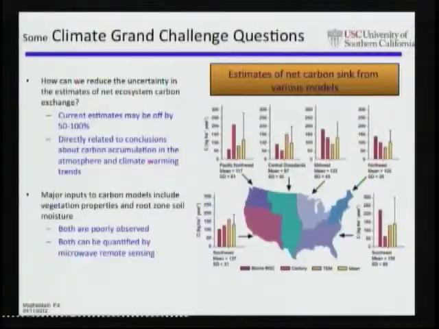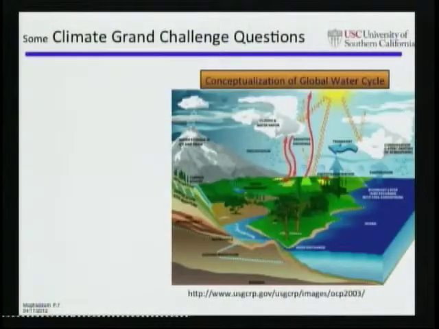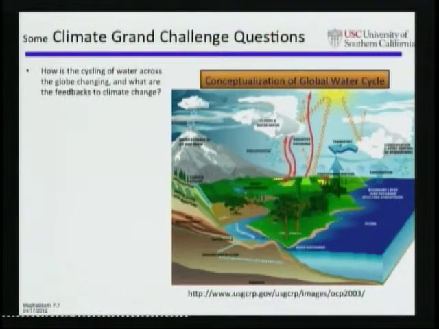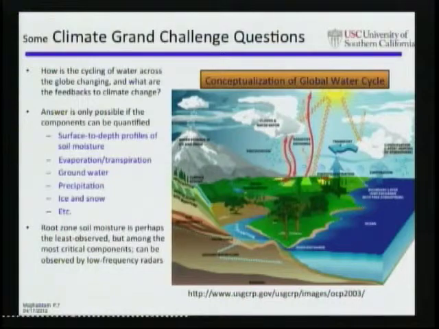So the root zone soil moisture is one of the most important parameters, plus the vegetation on top. If from remote sensing we can provide these unknowns to the scientists, we've done them a great service, because we will let them close the gap between the different model predictions.